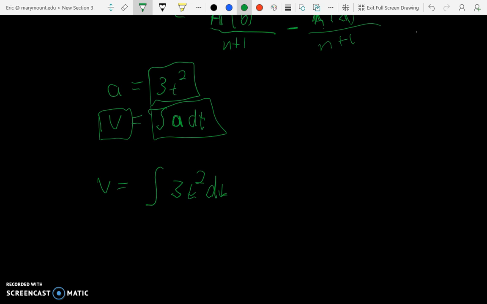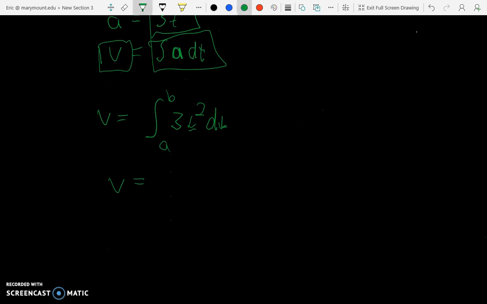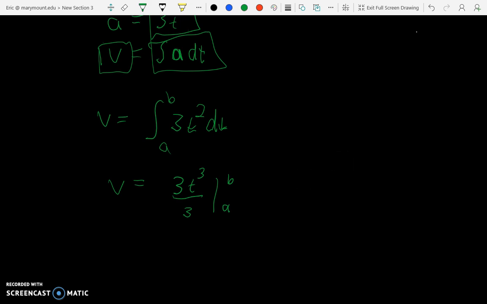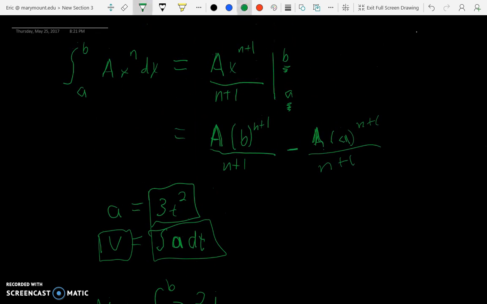When I do this integral, I'll get my answer, between two endpoints, maybe A and B. We can do this integral using our general formula. The integral of 3t squared dt is going to be equal to 3 times t cubed over 3 between the points A and B. All I've done there is use the general formula for finding the integral of A times x to the n, which is A times x to the n plus 1 divided by n plus 1.